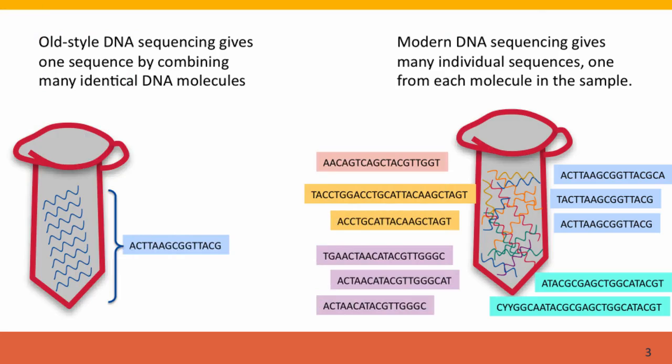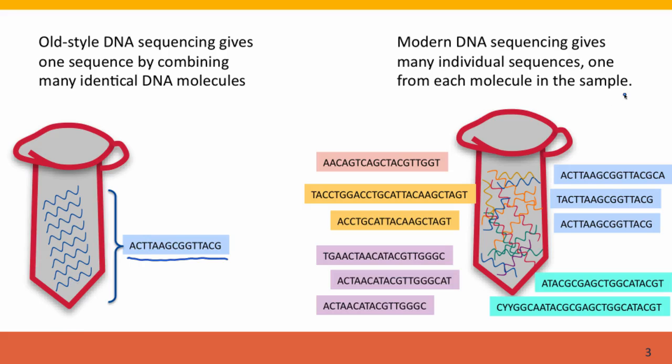So back in the good old days, before about the year 2000, DNA sequencing was done on pure samples of DNA consisting of many identical copies of a single DNA molecule, usually a single DNA fragment. And the result of that analysis was one DNA sequence that represented the average sequence over the whole sample.